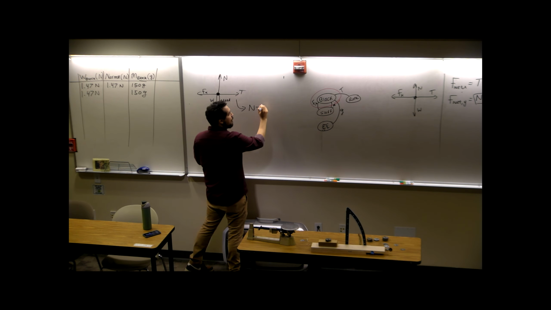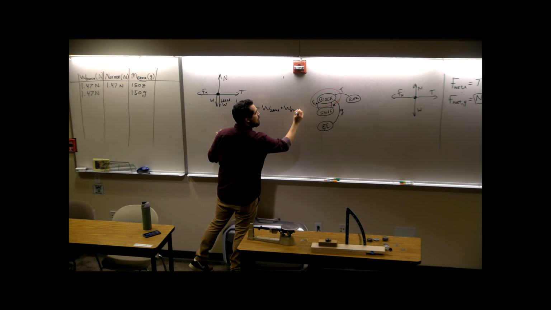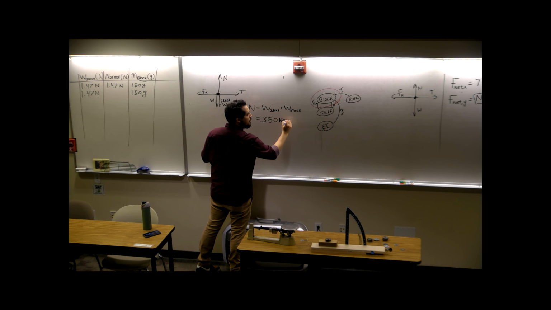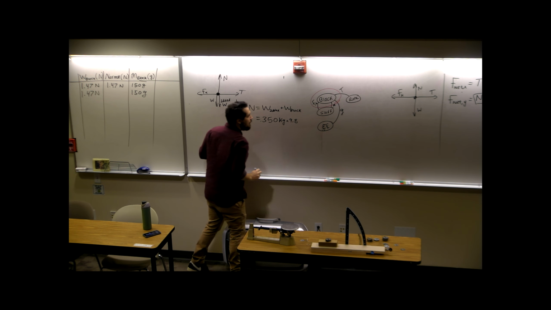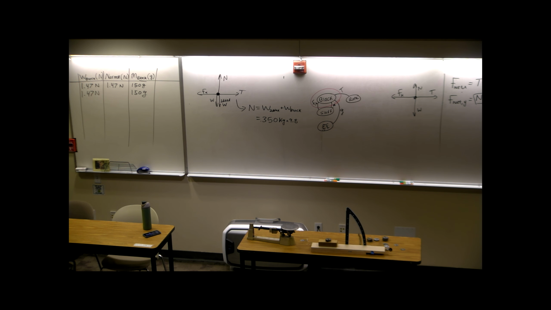So the normal force must be the weight added plus the weight of the block. And what will this equal? This will equal 350 grams or 0.35 kilograms multiplied by 9.8. And what is our new normal force? 3.43 newtons.